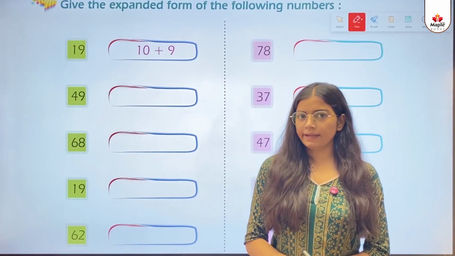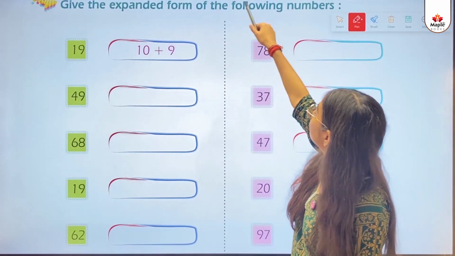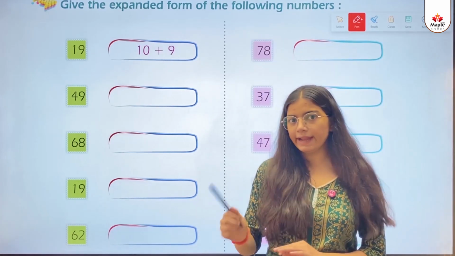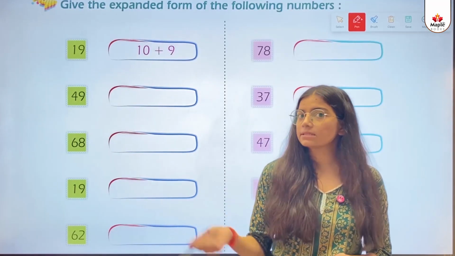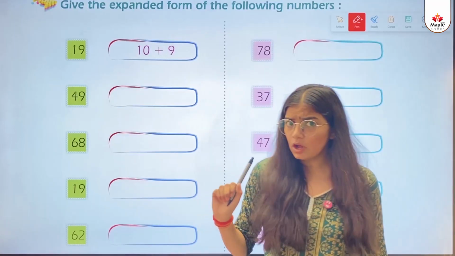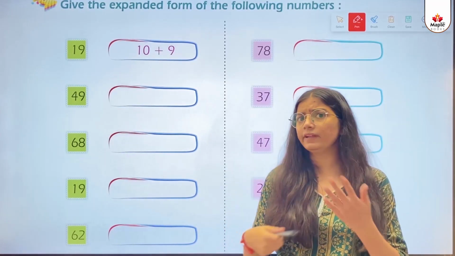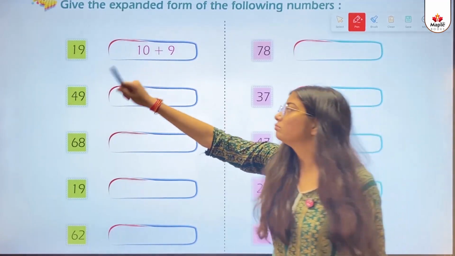So, kids, in the next question, we need to give the expanded form of the following numbers. We need to write the expanded form of the given numbers asked in the question. The first one is given already as an example so that we can understand what we need to do. So, let's see it quickly.